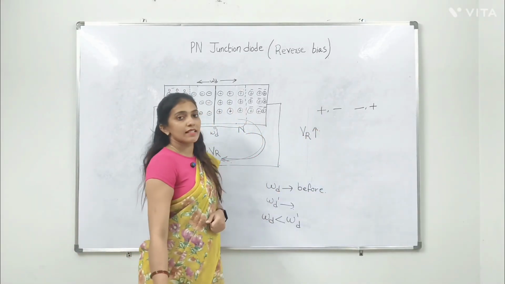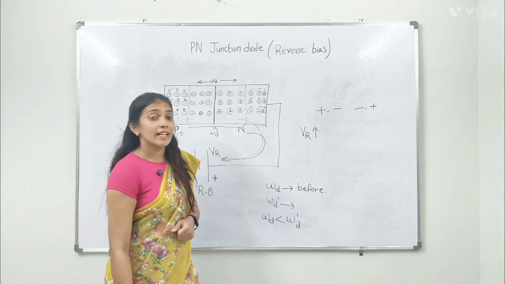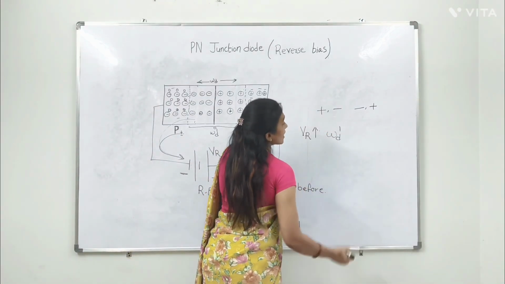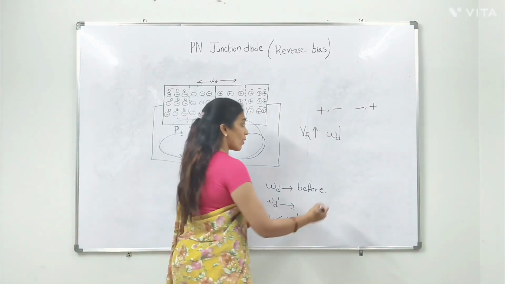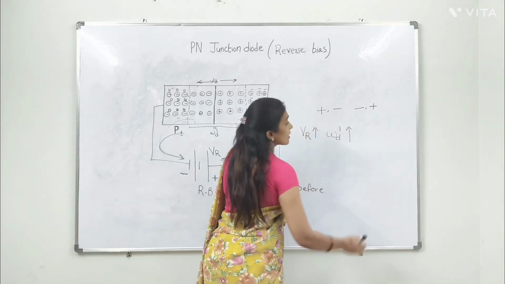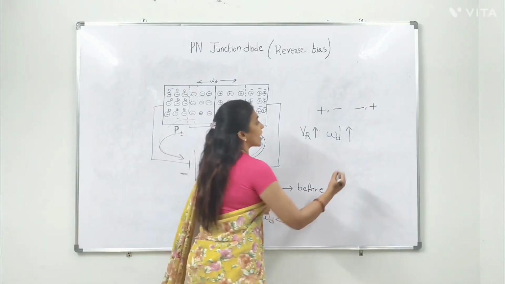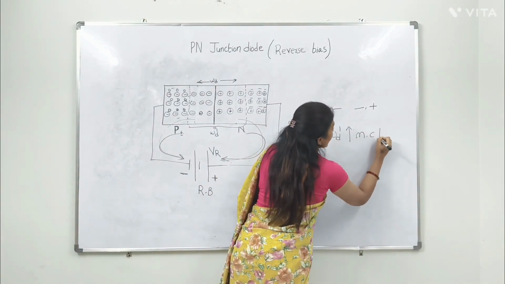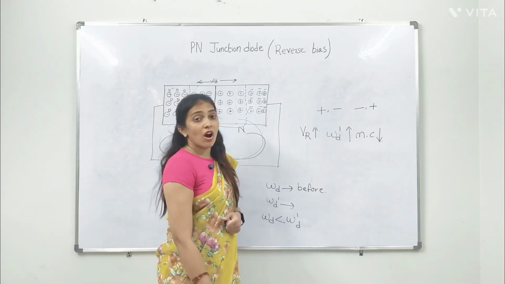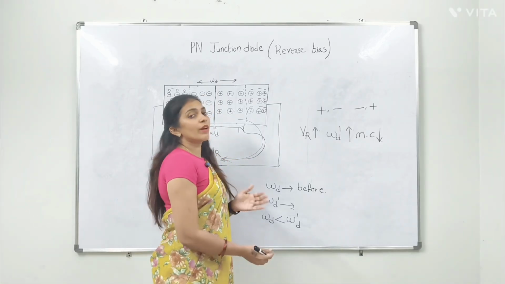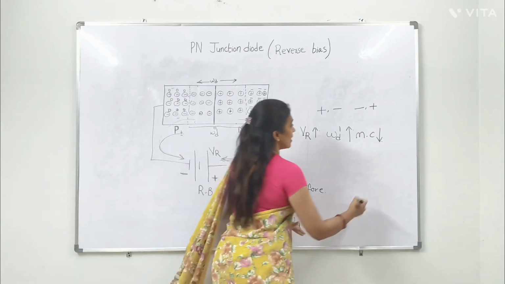So if the reverse voltage increases, the depletion width, that is WD dash, also increases. If the depletion width increases, the movement of charge carriers will decrease. We already know, if the movement of charge carriers decreases, then the current also decreases.